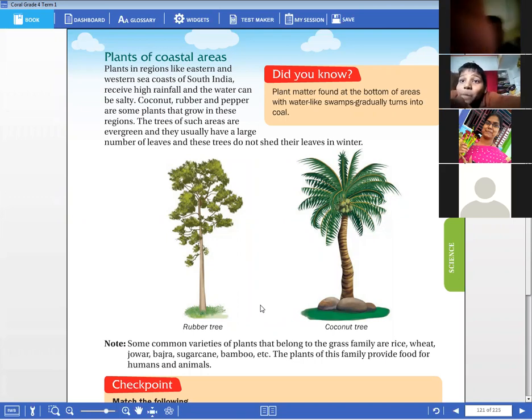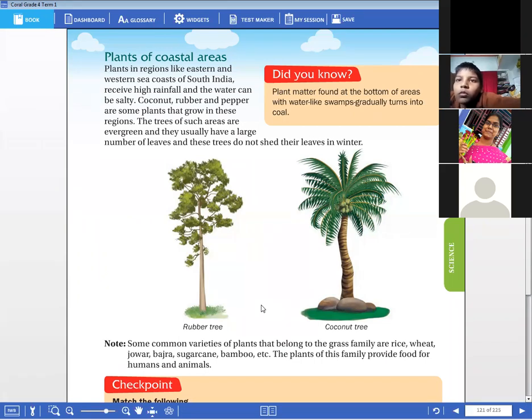Suppose a cactus plant, you can count the leaves, no? Like 5 or 6 leaves will be there for an aloe vera cactus. But coming to a coconut and a rubber tree, can you count the leaves, children? No, there are so many leaves, and they do not shed in the winter season.